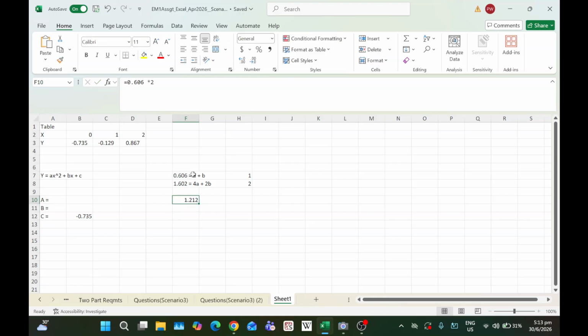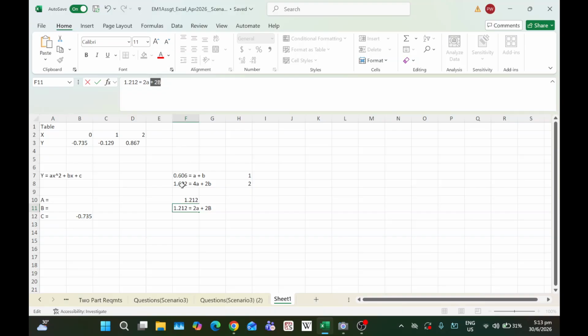So it will become 1.212 equals 2a plus 2b, which I can then change.